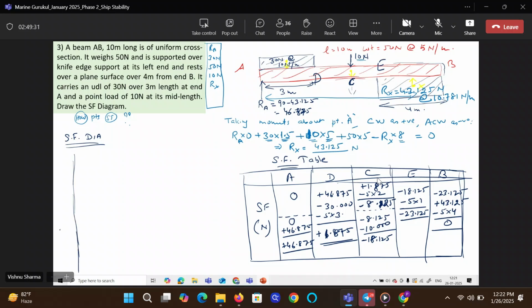So I can have a table like the scale like this, depending on my space. If I have A here, I have B here somewhere. I have C in the mid length.